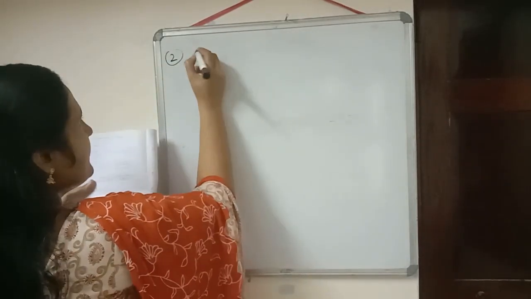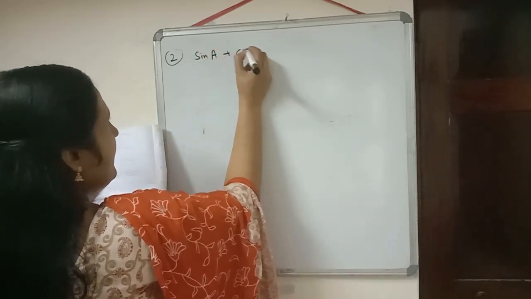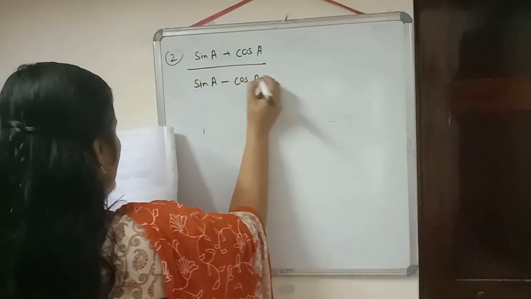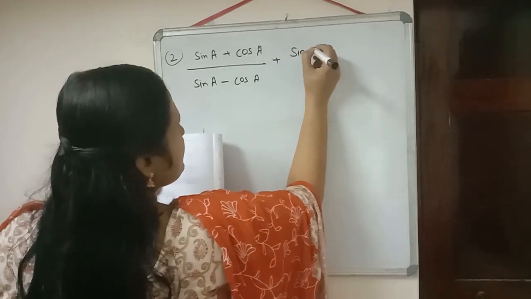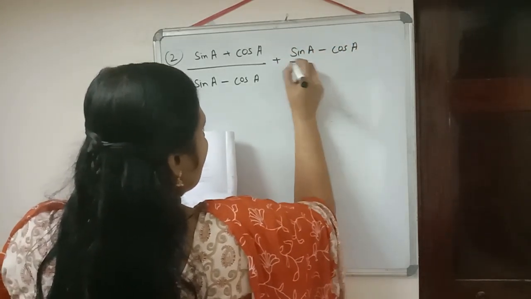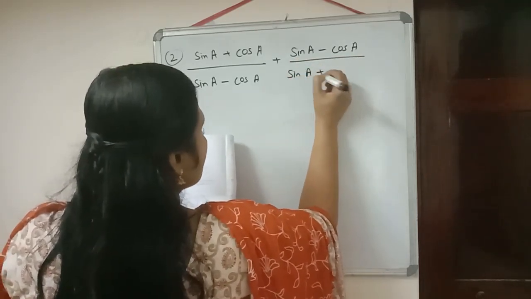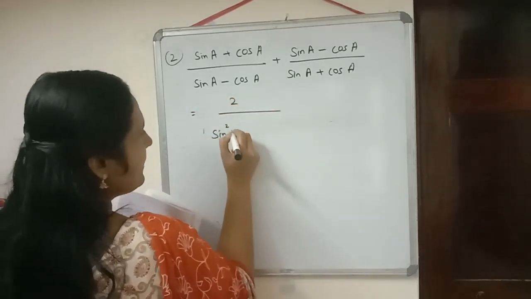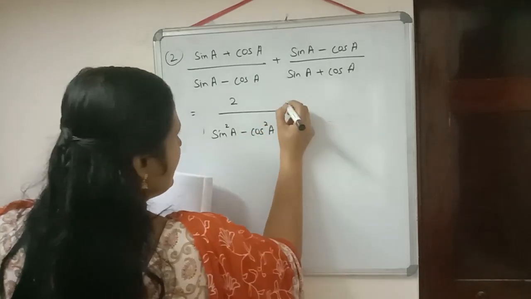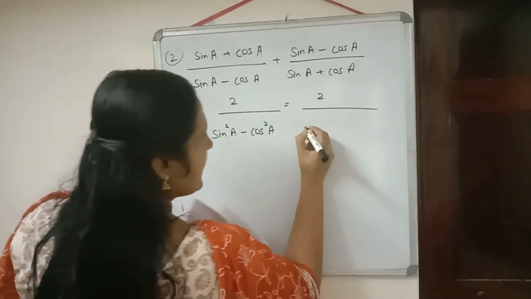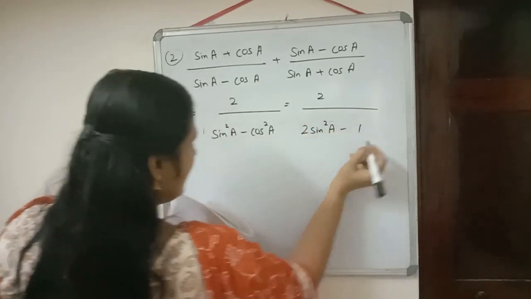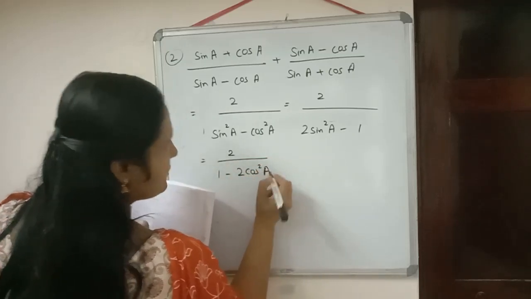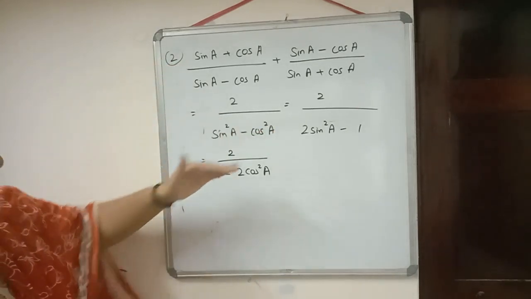Second question is prove that (sin A plus cos A) by (sin A minus cos A) plus (sin A minus cos A) by (sin A plus cos A) equal to 2 by (sin square A minus cos square A) equal to 2 by (2 sin square A minus 1) equal to 2 by (1 minus 2 cos square A). So we have to prove left hand side is equal to these three expressions there.